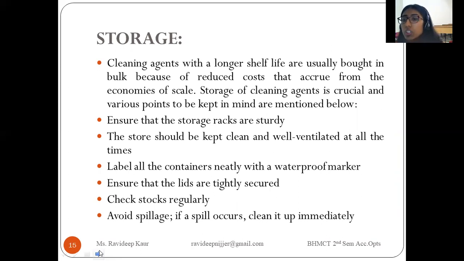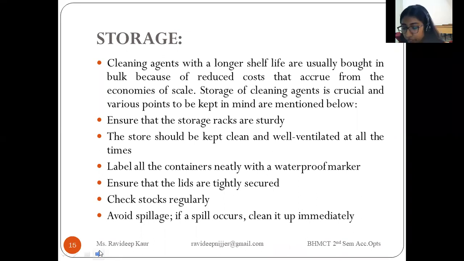First, cleaning agents with the longer shelf life are usually bought in bulk because of reduced cost that acquires from the economies of scale. So, first of all, cleaning agents which have long life are bought in bulk, and you should buy only those things in bulk which you know will be used in the long term.